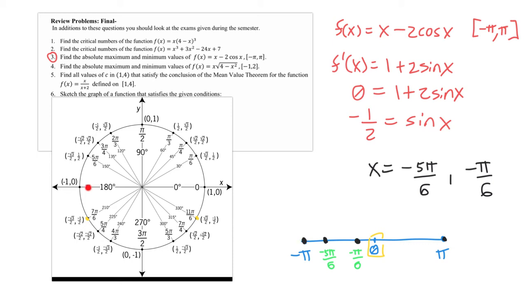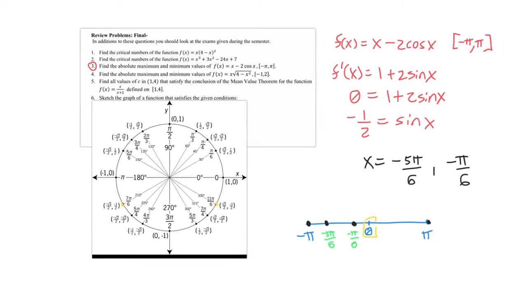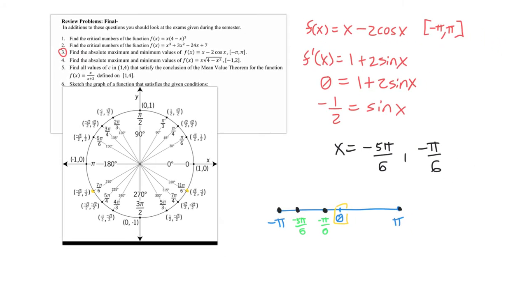Now, negative pi is over here. What's nice about having the unit circle at your disposal is that you can use it to figure out at least the cosine aspect of this situation. So when we plug in negative pi for x, f of negative pi equals negative pi minus 2 times cosine of negative pi.